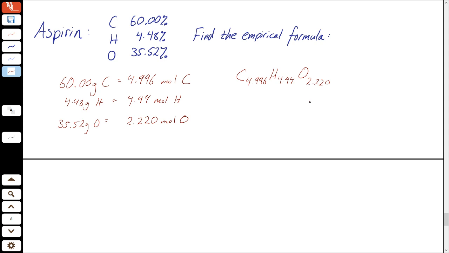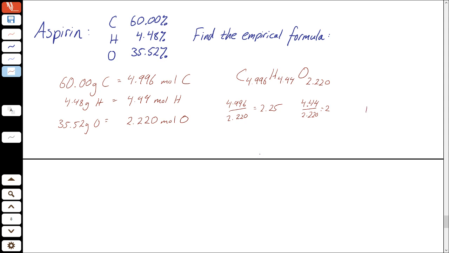So 4.996 divided by 2.220 is 2.25. 4.44 divided by 2.220 is 2. And then, of course, the other one is 1.